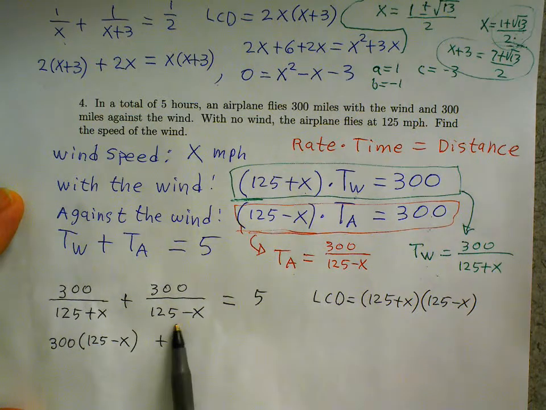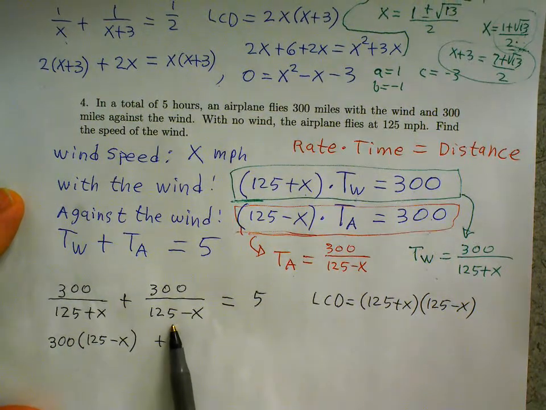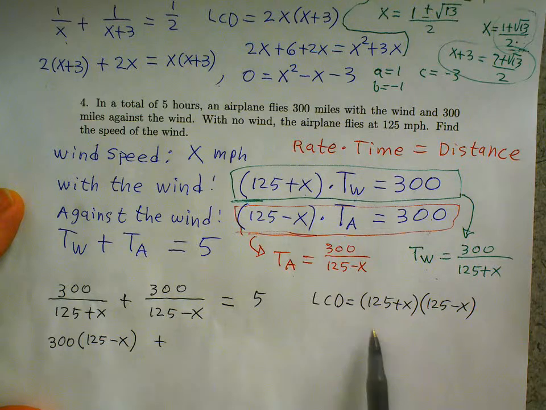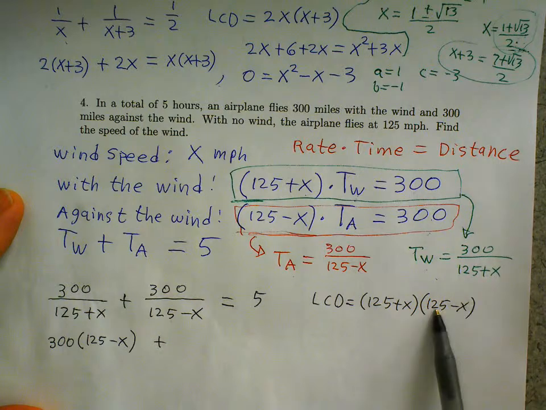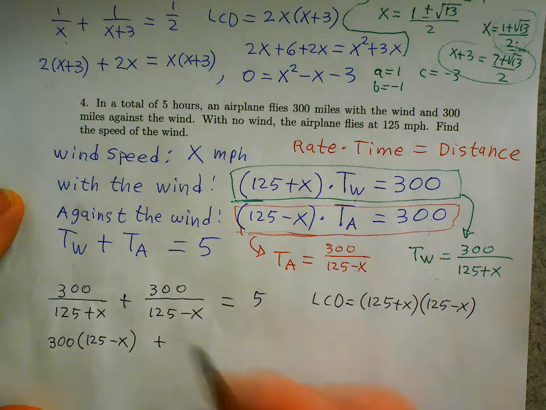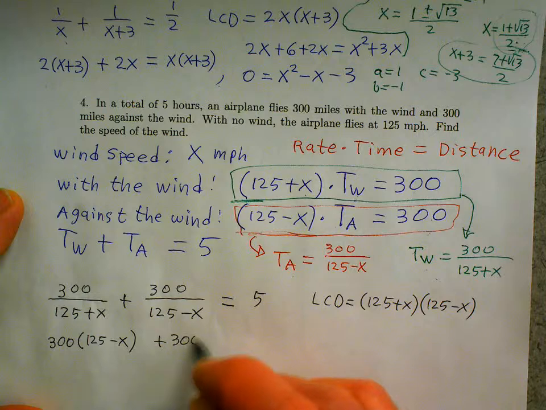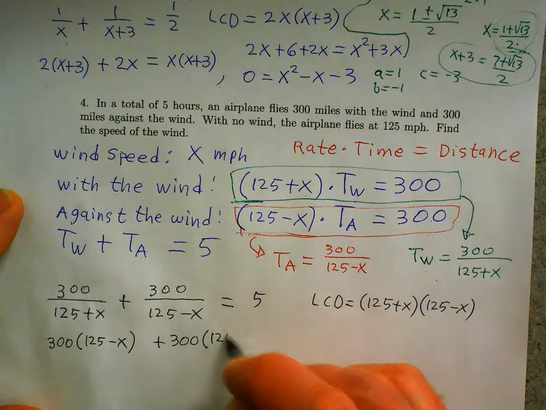Then multiply the next term, 300 over 125 minus x, by 125 plus x times 125 minus x. This time the 125 minus x factors cancel, so we get plus 300 times 125 plus x.